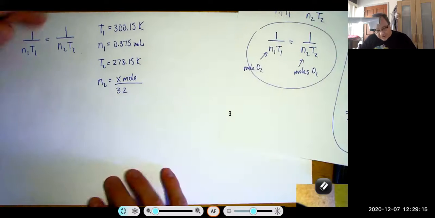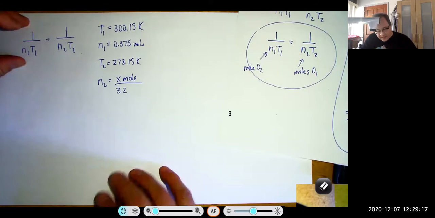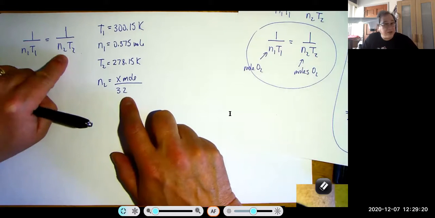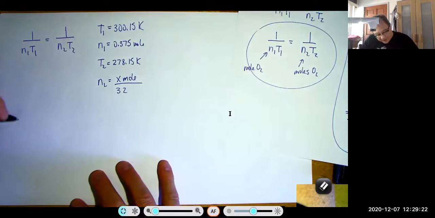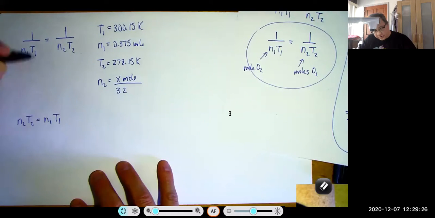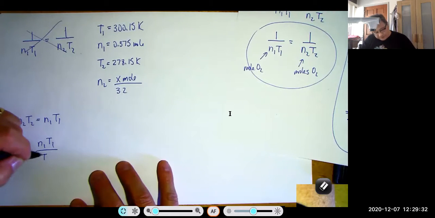So I'm going to take this equation now, and I see that what I need to do is solve for N2. So I'm going to have N2 T2 is equal to N1 T1. I do the cross multiplication thing. I get N2 is equal to N1 T1 over T2.